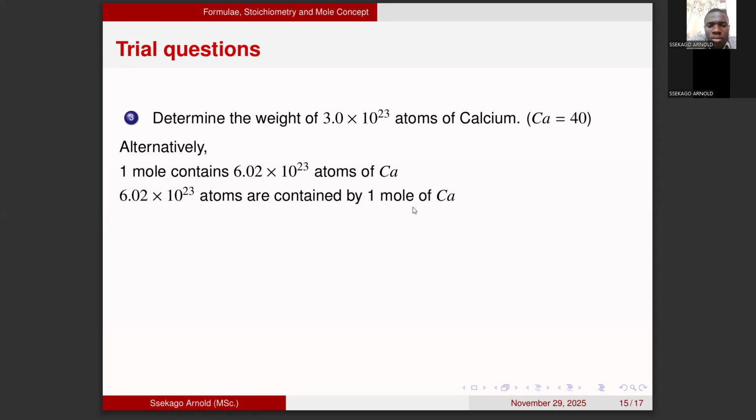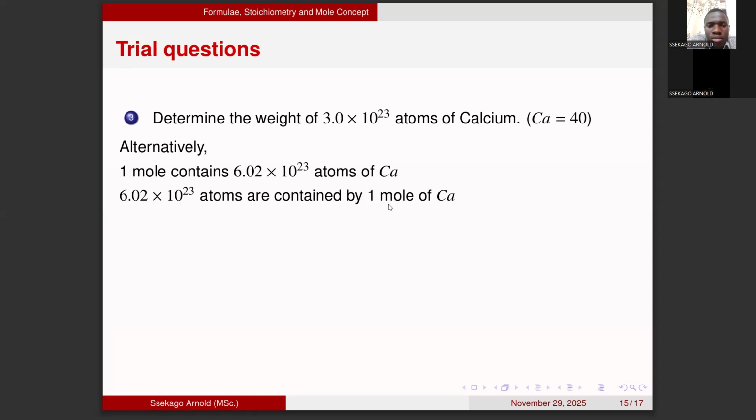Now, some of you are going to ask, why has the man changed the statement? I am changing the statement because the question wants us to determine the weight. What I want to find, I want it to be on the right-hand side. Always ensure that what you want to calculate is on the right-hand side.